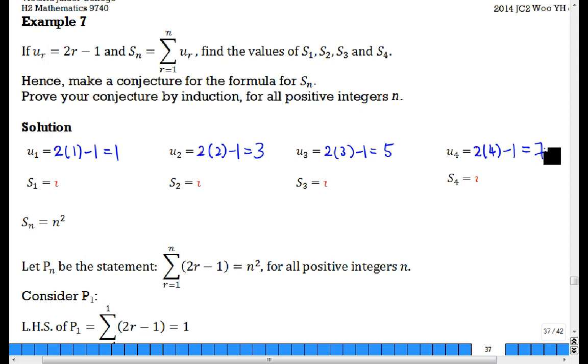S1 means U1. S2 means U1 plus U2. Correct? Sum to n terms, right?